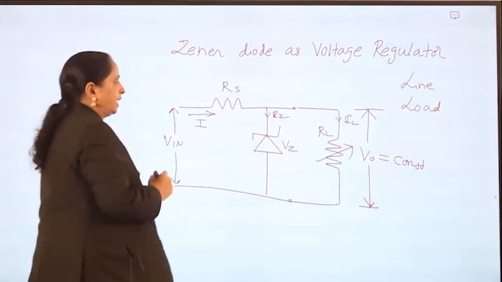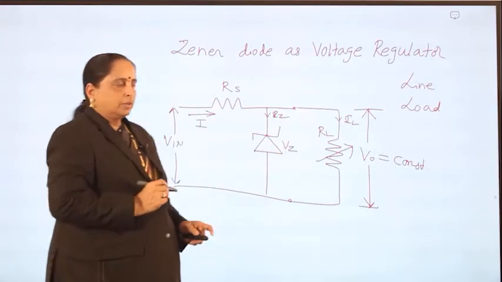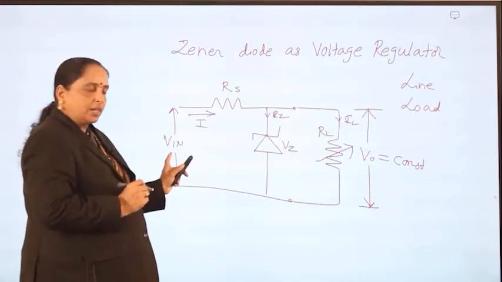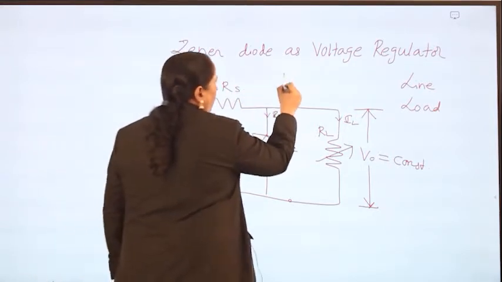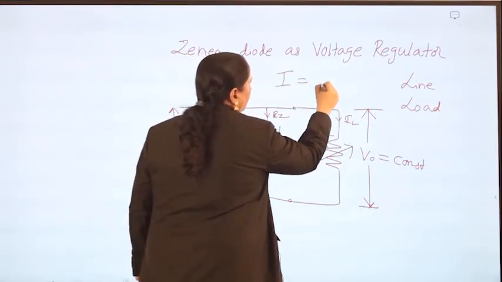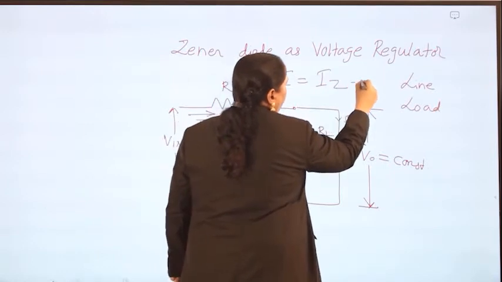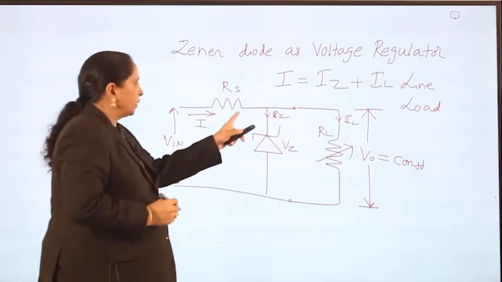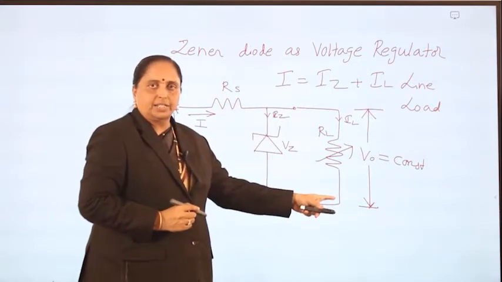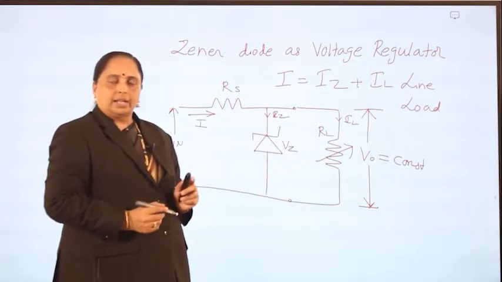Now we are changing the load. Therefore, as the input voltage is constant, I is also constant. See here, I is equal to the zener current plus the load current. So I is equal to Iz plus IL.